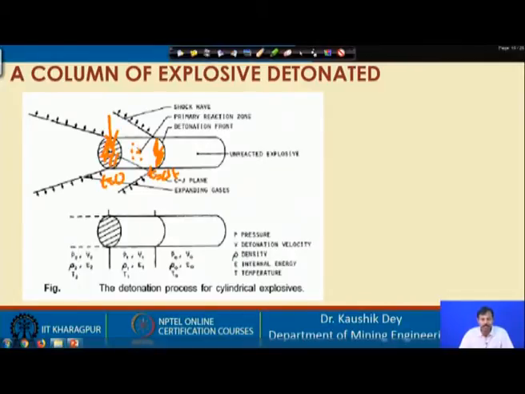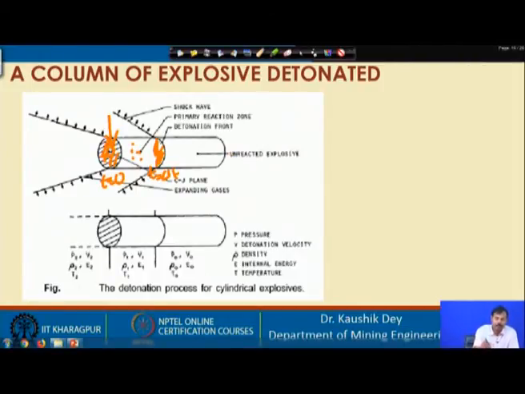That means the elements are taking time to form the gaseous product. So, basically on one side of this chamber the explosive reaction is complete, on the other side shock is onset, and ahead of that the unreacted or undisturbed explosive column is there.